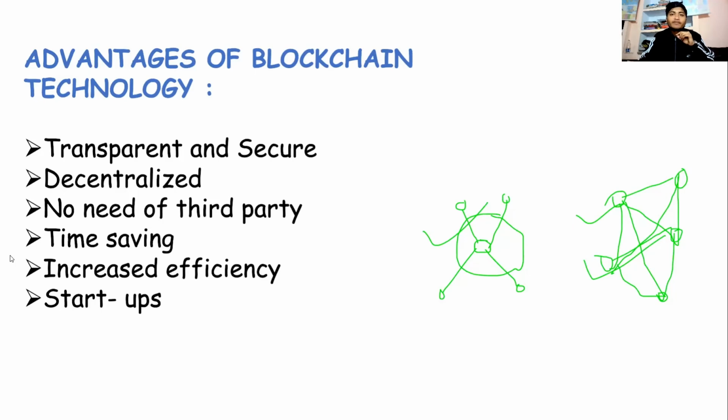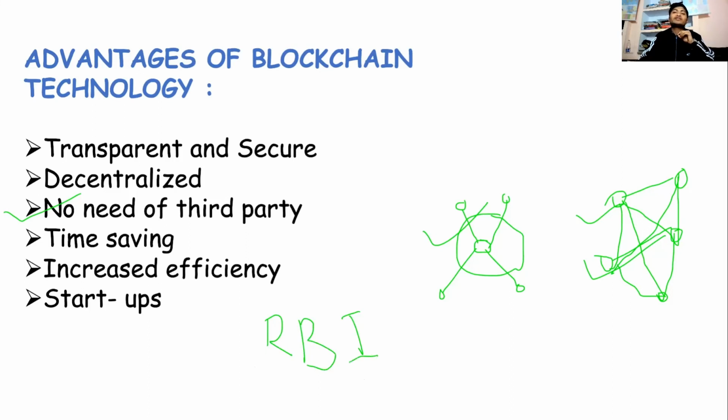Now, the next benefit is that there is no need for any third party. How? For any kind of transaction or payment, there is the Reserve Bank of India, RBI, in our country, and we use the Indian rupee.